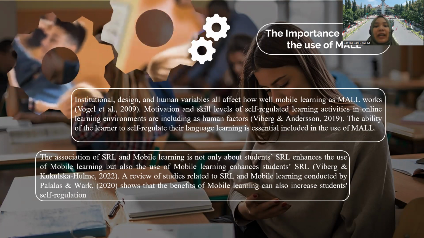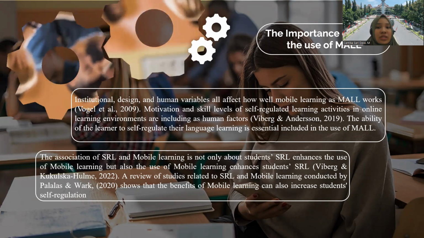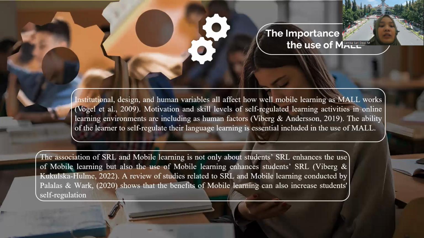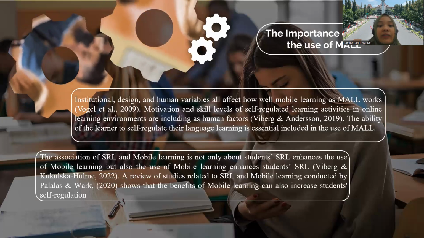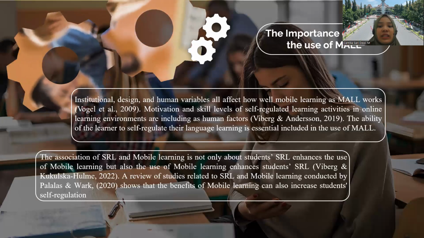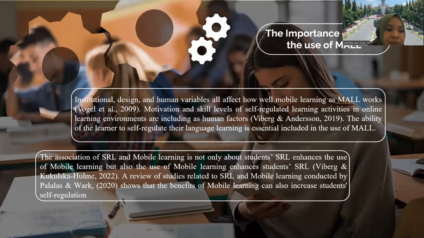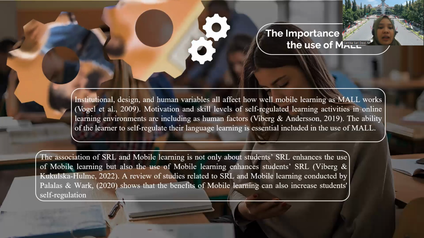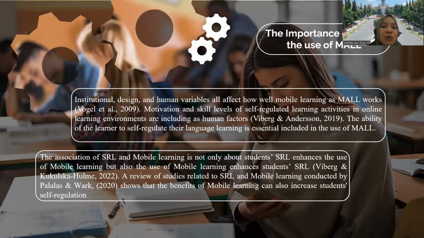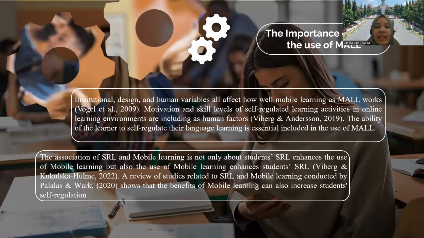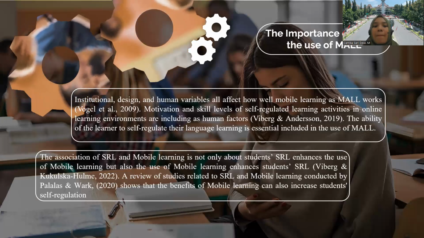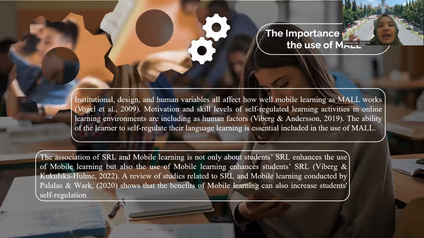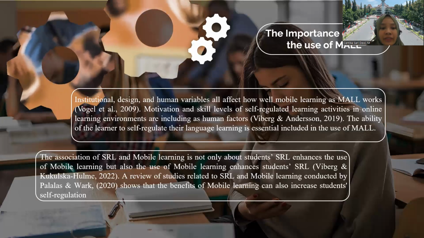According to Fiber and Anderson in 2019, the ability of the learner to self-regulate their language learning is essential in the use of MALL. And then the association of self-regulated learning and mobile learning is not only about student self-regulated learning enhancing the use of mobile learning, but also the use of mobile learning can enhance a student's self-regulated learning.